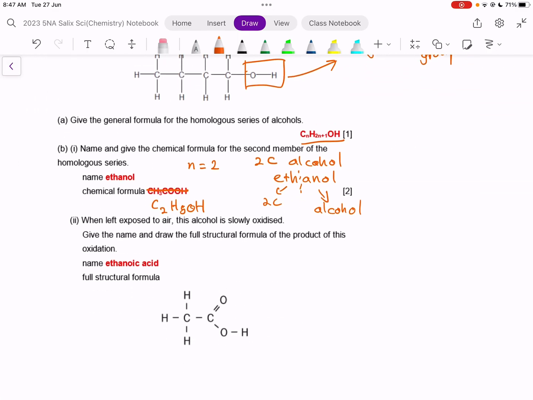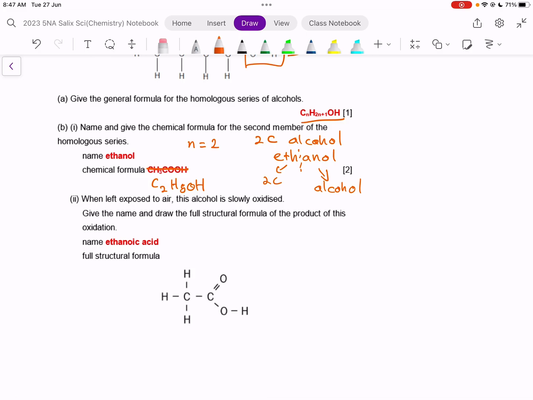When left exposed to air, this alcohol is slowly oxidized. So ethanol will become ethanoic acid. It becomes a 2 carbon carboxylic acid. This part means it's 2 carbon, this part means it's carboxylic acid.